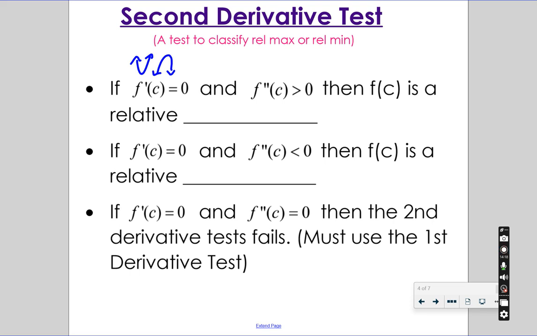If the first derivative is equal to 0, then I know I have one of these situations going on. It's one of those two. And f double prime of c is greater than 0. So what does that mean? Is it concave up or concave down? It's concave up, so that means I have a relative minimum.